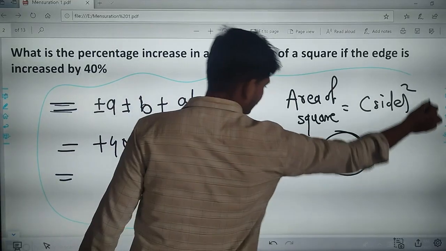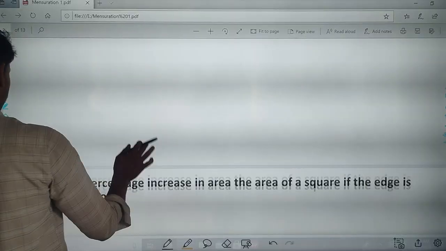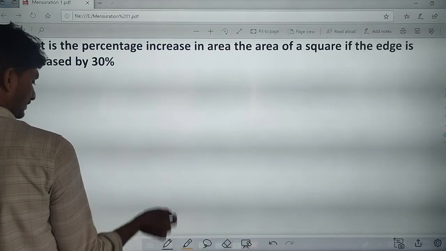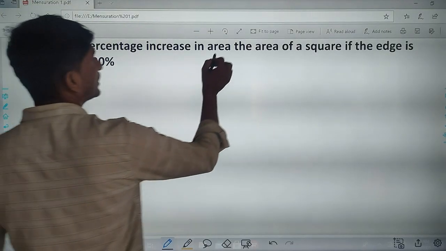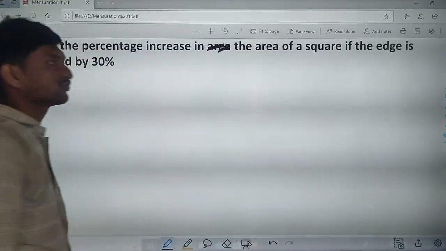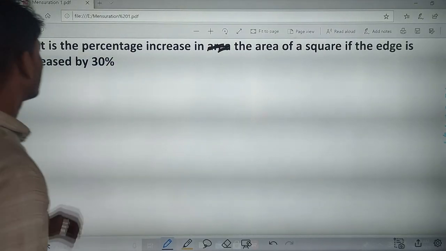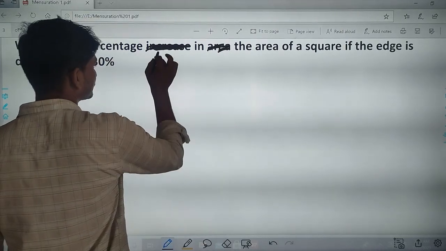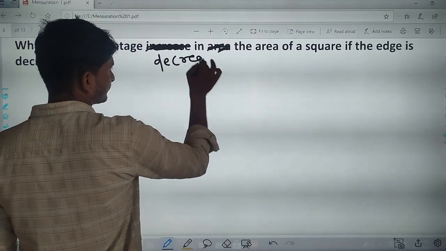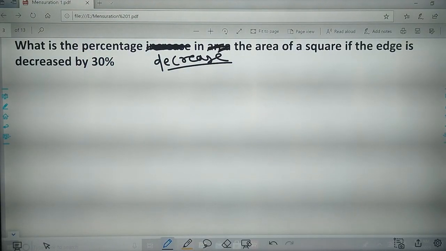Now next. What is the percentage decrease in the area of a square if the edge is decreased by 30%?